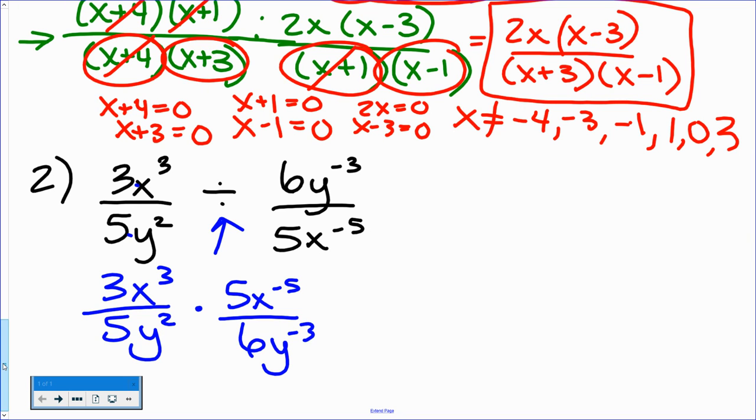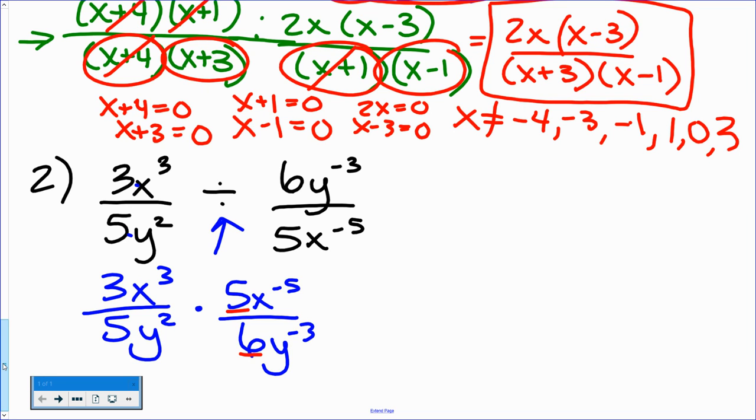I'm flipping it because I'm changing it to multiplication. I cannot do both at the same time. For one thing, the 5 and the 6 are not being raised to a negative exponent, so they wouldn't have flipped anyway. You can change them now.